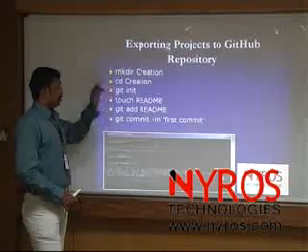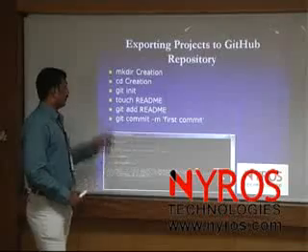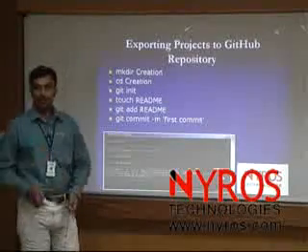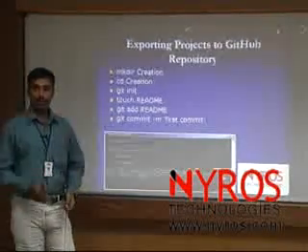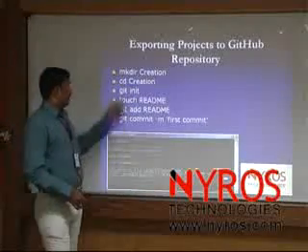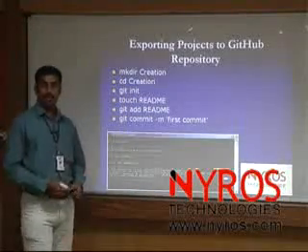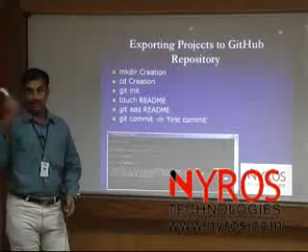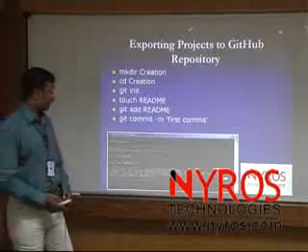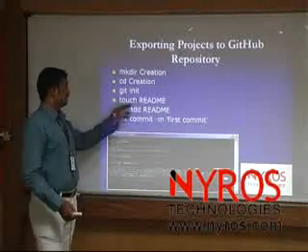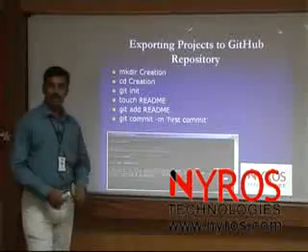The first command to export the project: you have to initialize git in that folder. So type git init to initialize our project for GitHub. After initializing, touch readme. It is one of the commands to create a file.